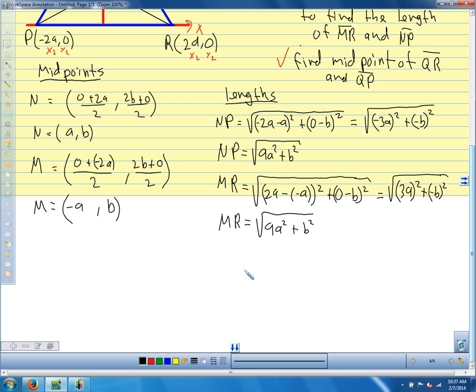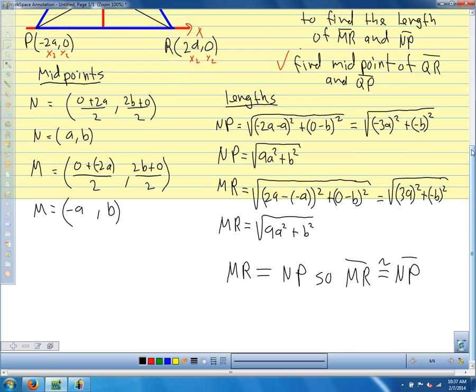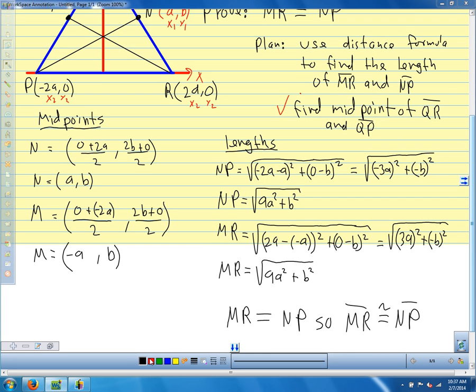They're exactly the same. So MR is equal to NP, the lengths. So segment MR is congruent to segment NP, and we're done with our proof. So check this off my list.